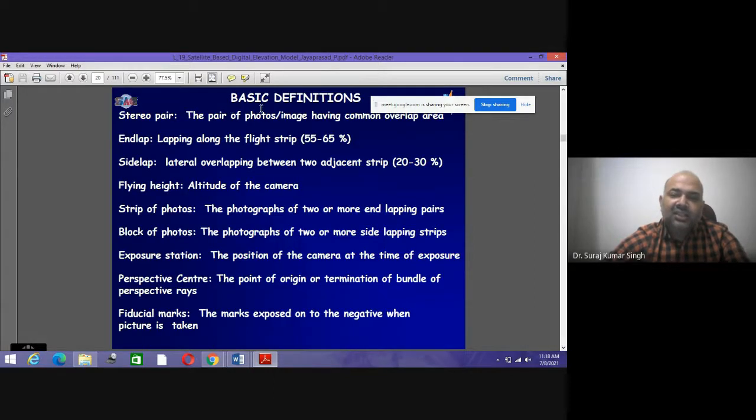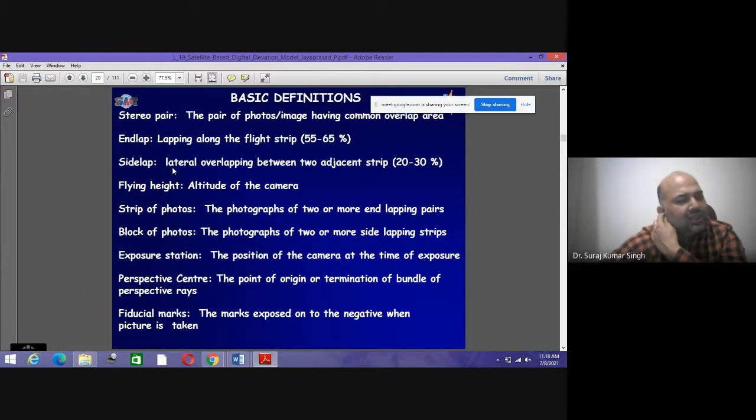The basic instruments and terms used for photogrammetric observation begin with the stereo pair, which is a pair of photos or images having a common overlap area. Then there is end lap along the flight strip, which is 55 to 65%.